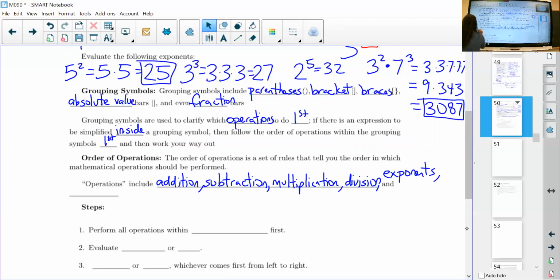The last one that you typically learn would be roots. Like a square root or a cube root or a fourth root. All of those are just called roots.